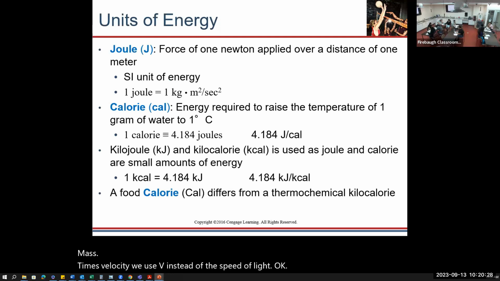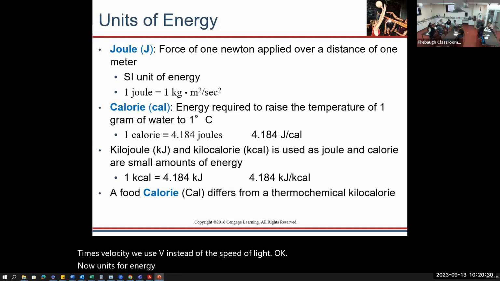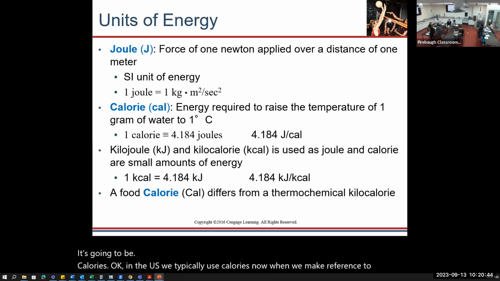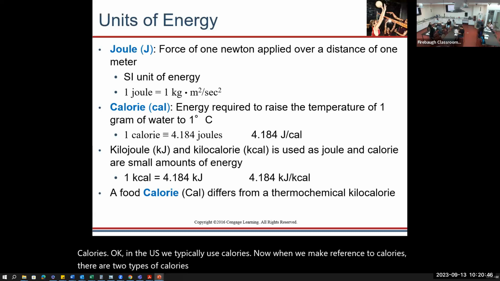Now, units for energy, that's going to be joules. It's going to be calories, okay? In the US, we typically use calories. Now, when we make reference to calories, there are two types of calories. We have the small c calorie, and we have a big C calorie. Small c calorie is the chemical calorie, okay?